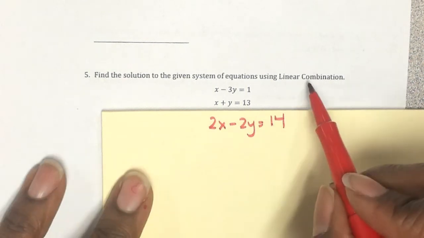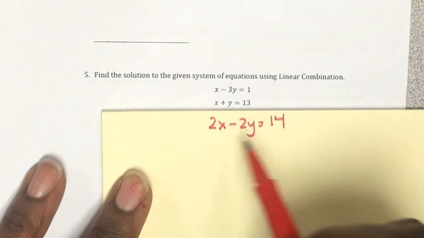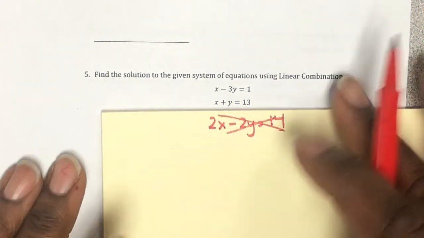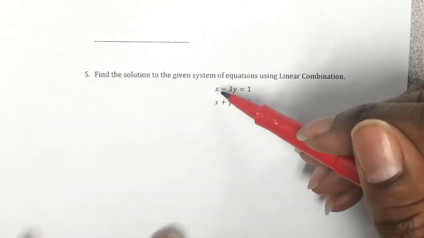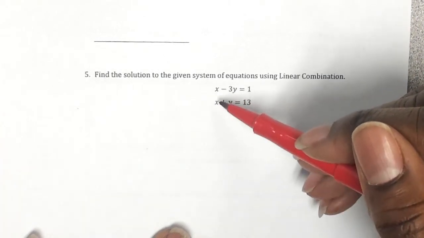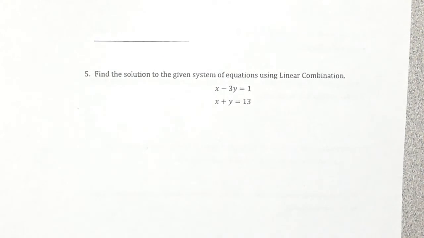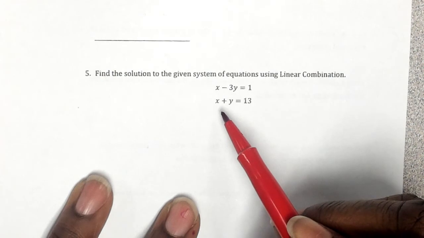No. It's called the elimination method for a reason, because something has to get eliminated for us to use this method. So that's not going to work. There is no 0 pair, so you need to create one. This is one of the easy ones where this kind of looks like it's already a 0 pair. So I simply need to multiply by negative 1 to get one of these x's to be a negative x.